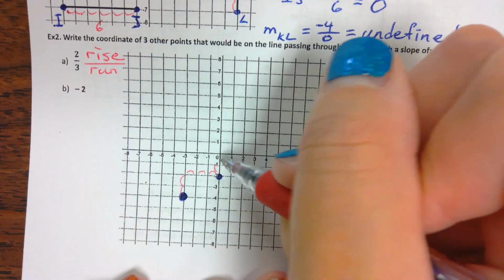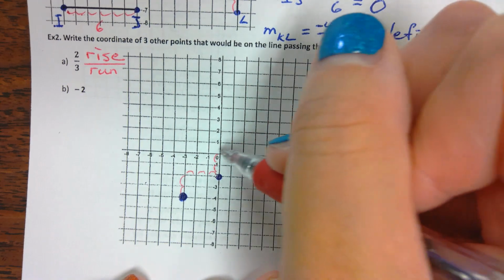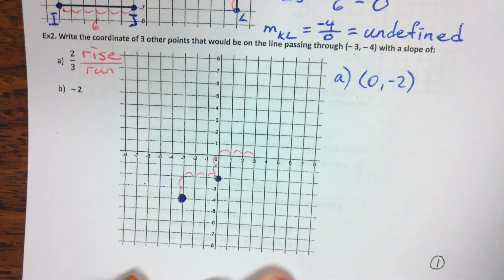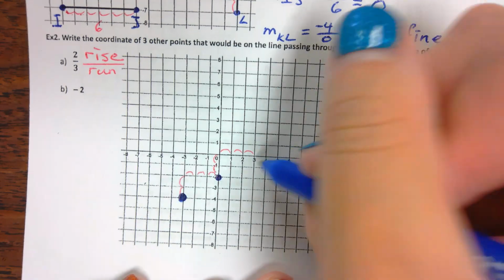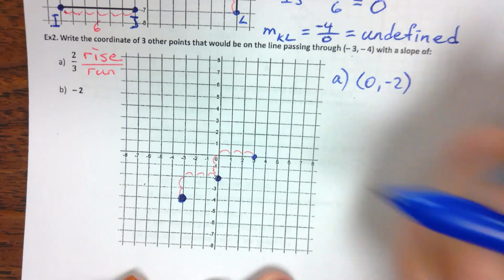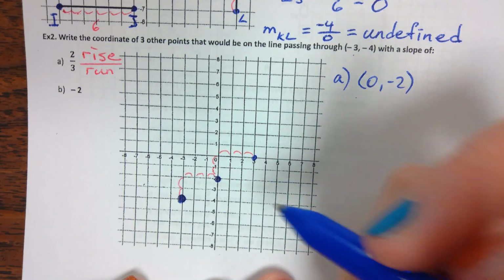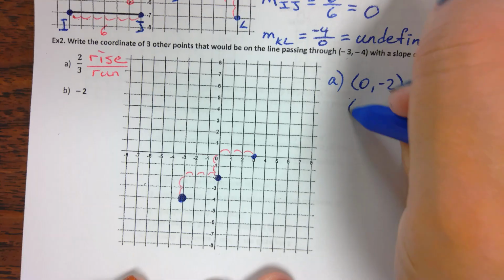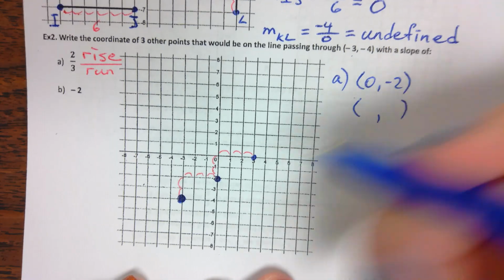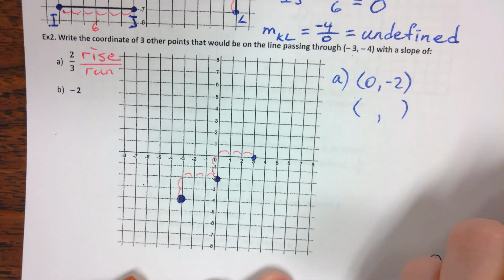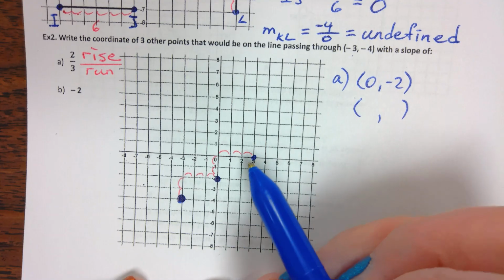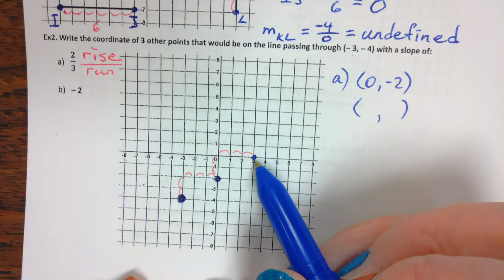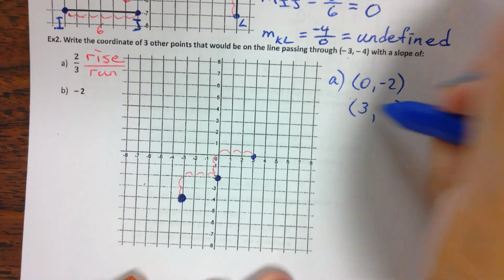So they're going to go up another 2 floors, and then go over 3 doors again. And where does Caden live? What is that point right there? The coordinate of that point, this point right here? 3 and 0, good.